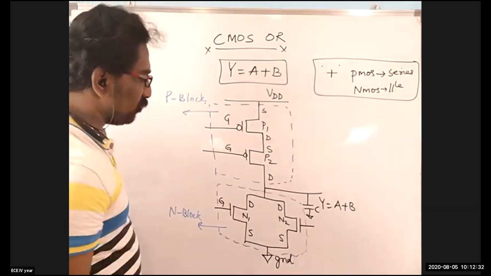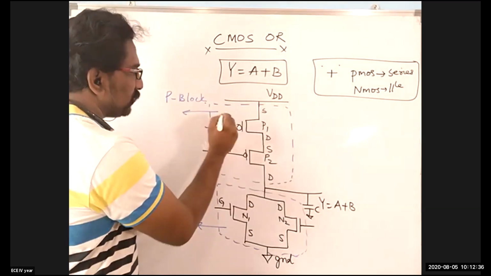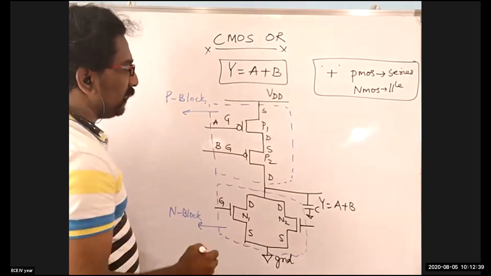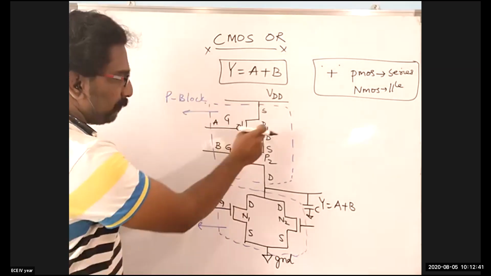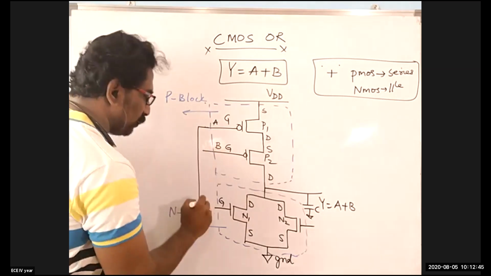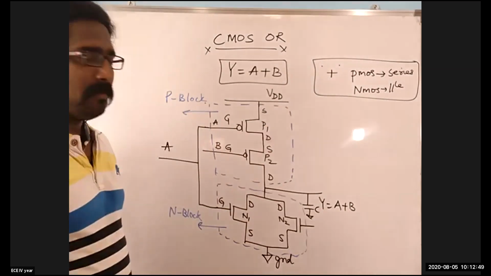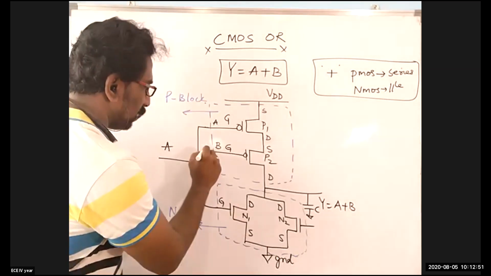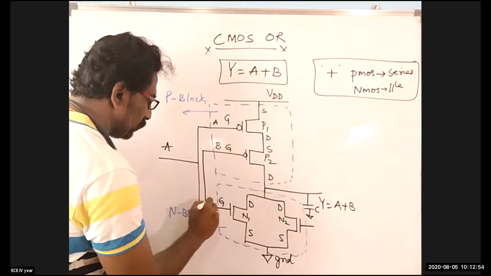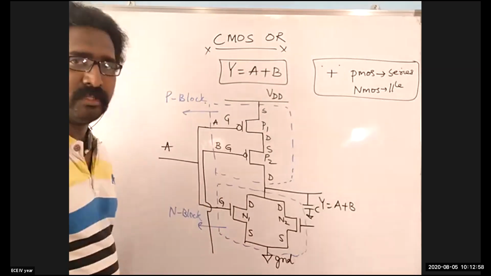Now, let us make the connections of P and N. Here, this is input A and input B. In the same way, P1 will be connected to N1. The gate of P1 is always connected to the gate of N1. So this becomes your input A, and then next, the gate of N1. See, here I'm drawing like this. It means that there is no connection between these two lines.